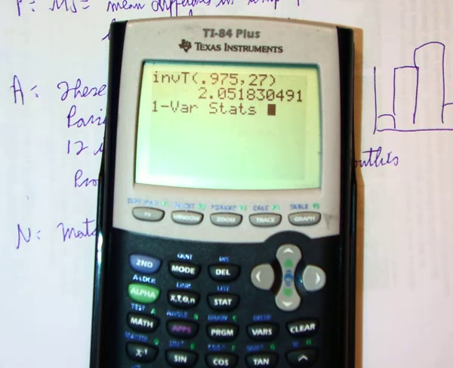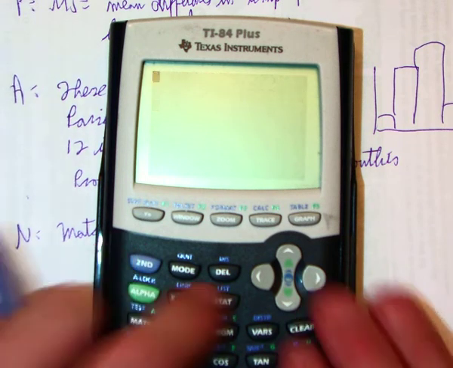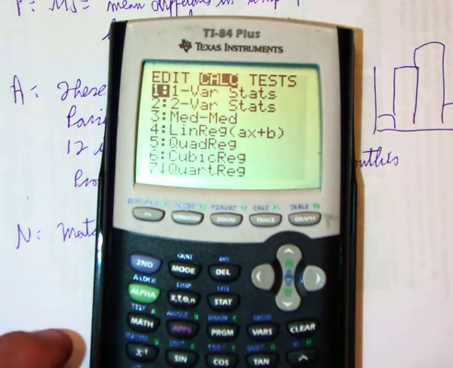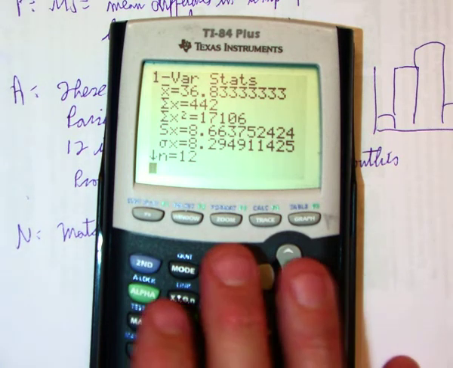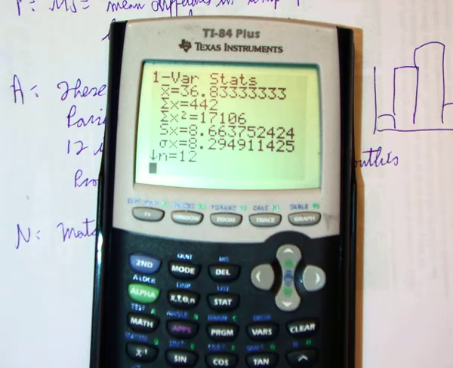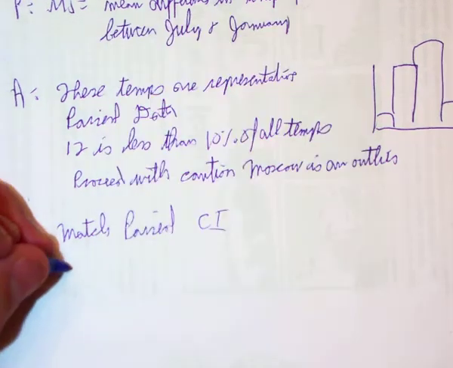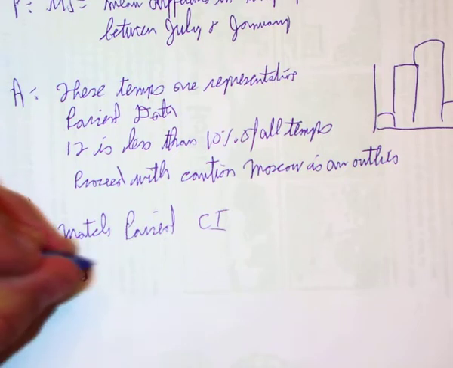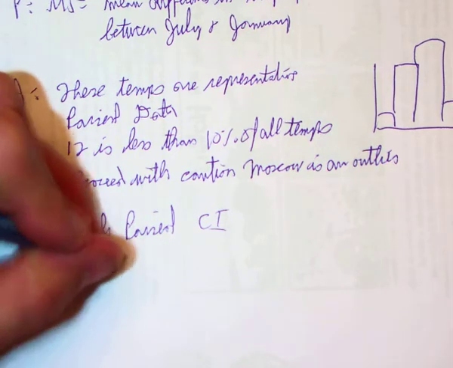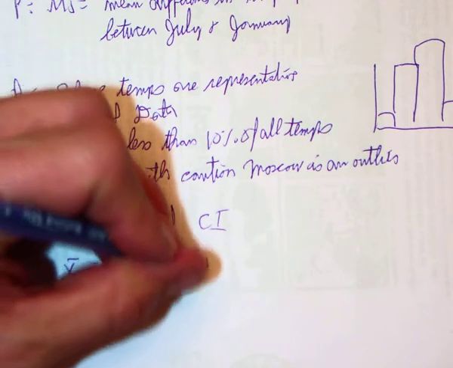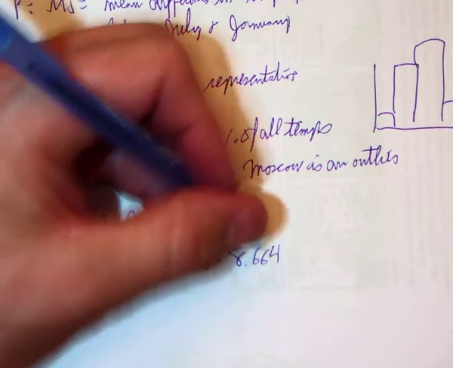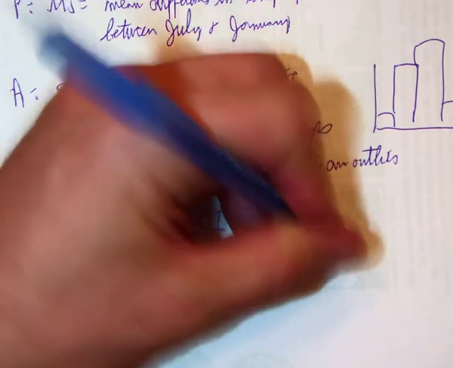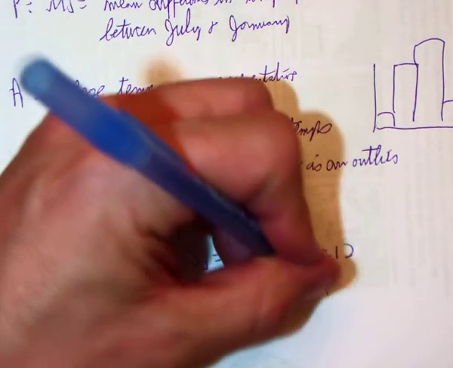So we're going to calc, 1-Var Stats for L3. And our mean difference is 36.83, and our standard deviation is 8.664. So x bar of the difference is 36.83. Standard deviation of the difference is 8.664, and then n is 12, so degrees of freedom is 11.